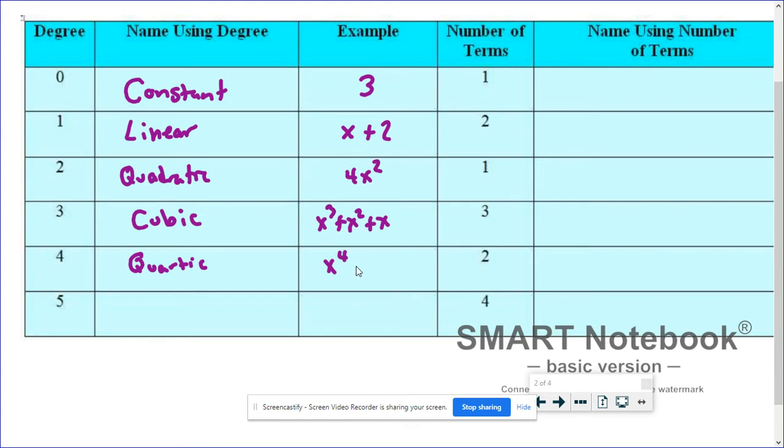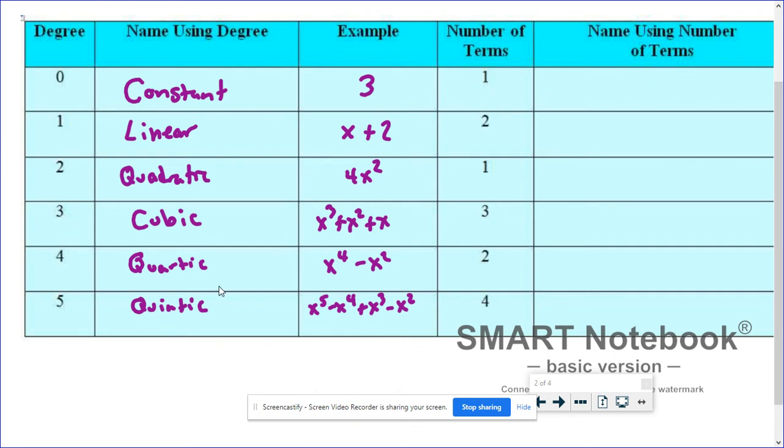So let's say x to the 4th minus x squared. Degree 5 is quintic. So we'll say x to the 5th minus x to the 4th plus x cubed minus x squared. And the examples are just examples. I'm just making them up as we go here.